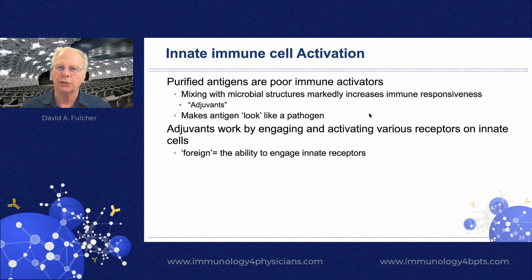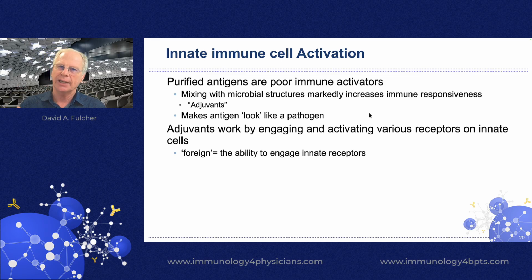So one of the corollaries of this is that the innate immune system engagement is fundamentally important for our immune responses. Suppose you want to make a hepatitis X vaccine: you can't just get the protein and inject it into someone, because that's a very poor immunogen.